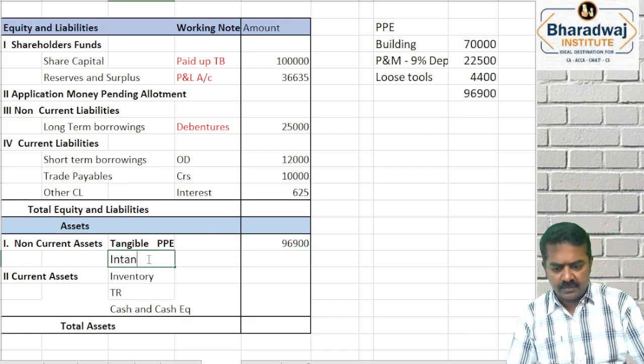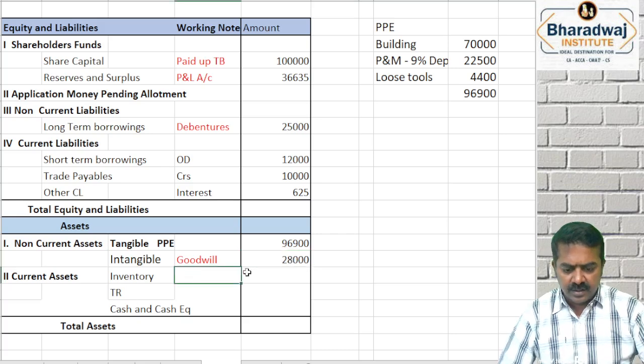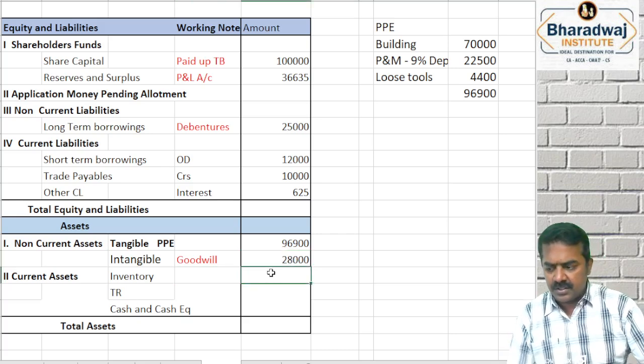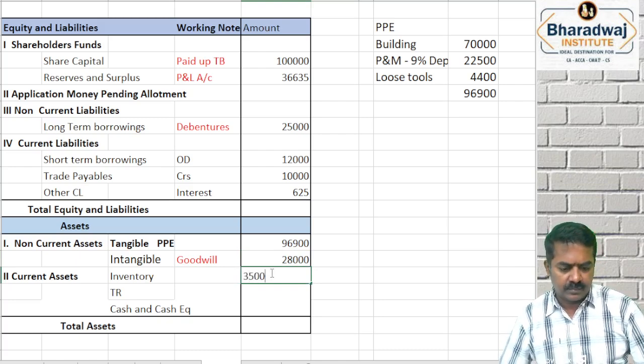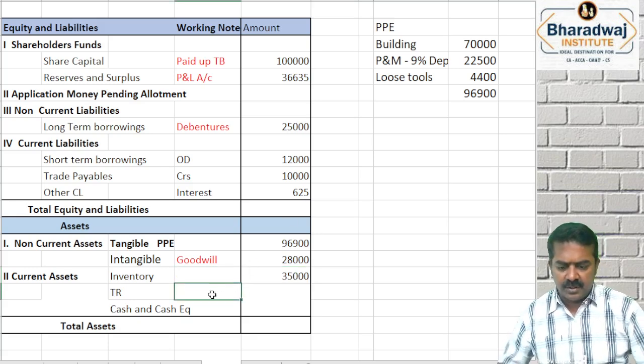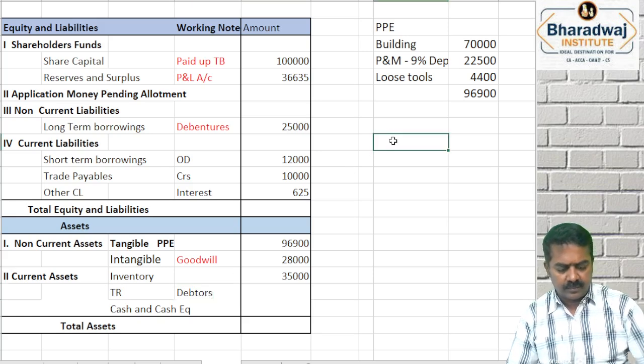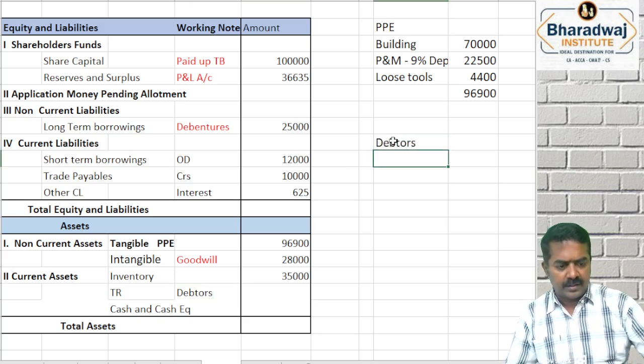Intangible, that is goodwill will come. How much goodwill? 28,000 will come. Inventory is nothing but the closing stock. Then trade receivables are nothing but debtors.